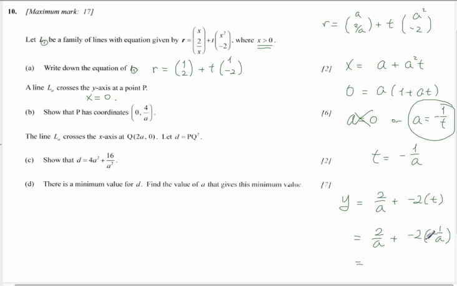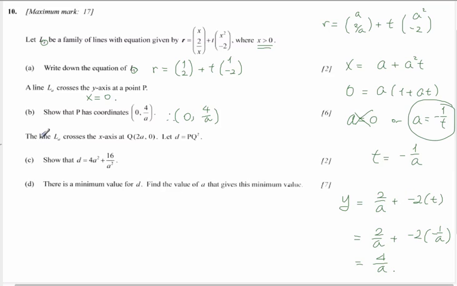That's going to be positive 2 over a, so it would be 4 over a. And therefore, the coordinate of P is (0, 4 over a). And of course, you won't get any points for writing this down because that's given, but this is where you earn all the points.